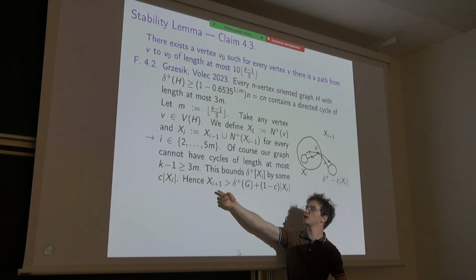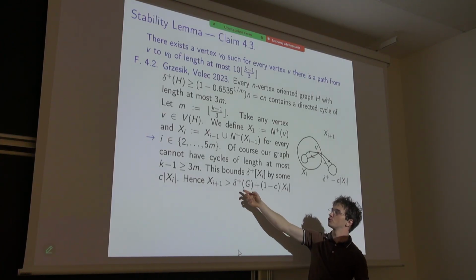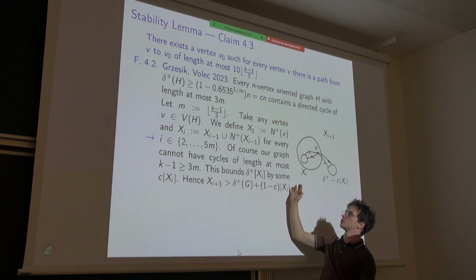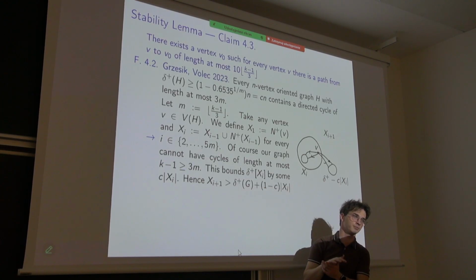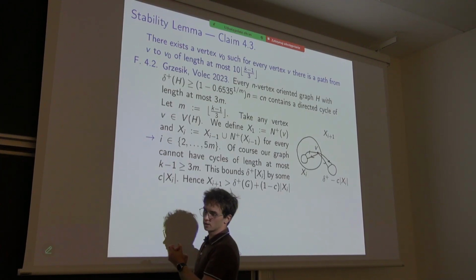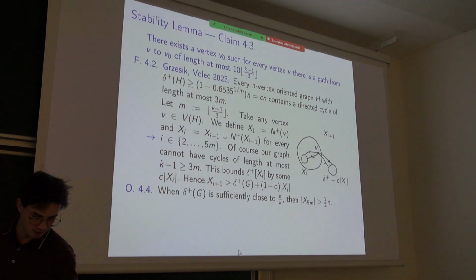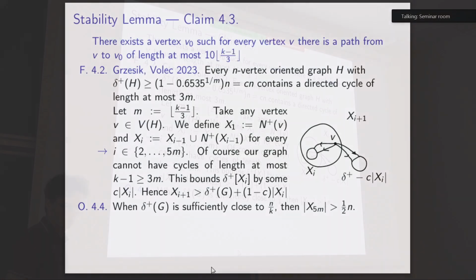And we show that simply the size of X_{i+1} is greater than the outdegree of the whole graph plus 1 minus c times the size of X_i. With some help of technical algebra, we show that if we plug in i = 5m, then it is already greater than one half of the graph.